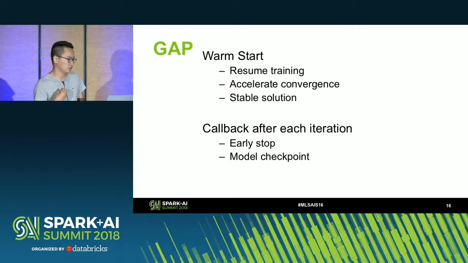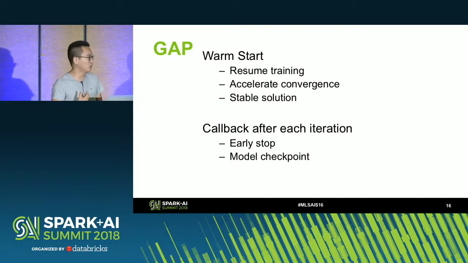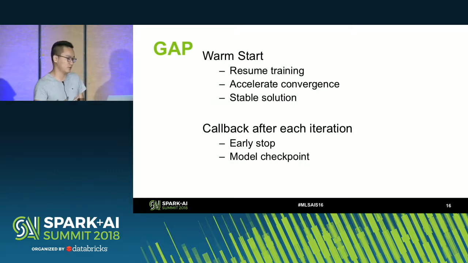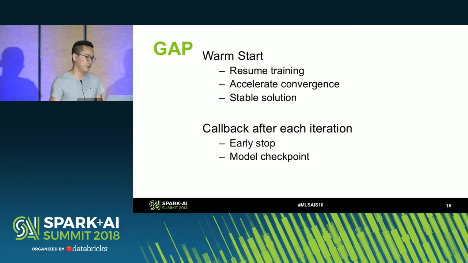Early stop is a mechanism to help you train your model faster. There is also model checkpointing: you train several iterations, you want to checkpoint at some point and recover from the checkpoint. This also benefits warm start.